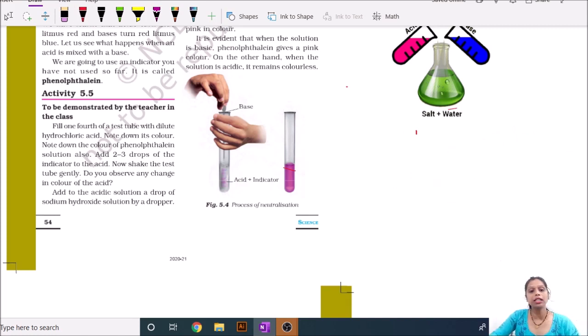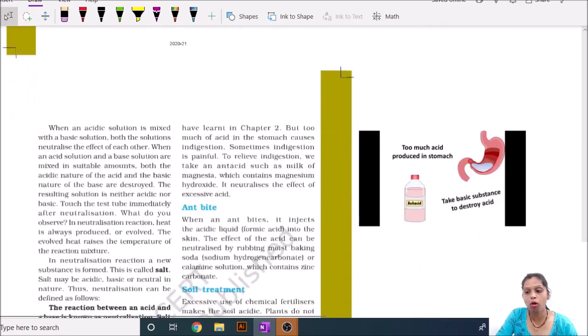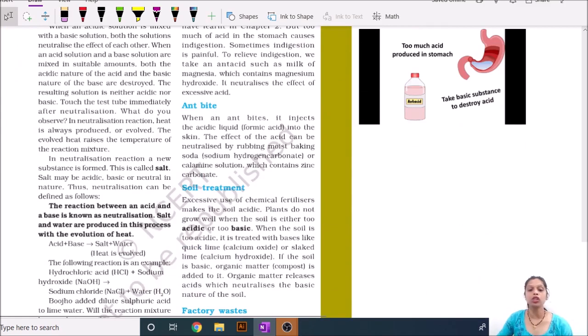What does this activity show? It shows that whenever we add acid and base in an accurate quantity, it destroys the character, the effect of acid and base, and a new type of substance is created, named salt, and simultaneously water is also released, and in this process heat is also evolved.